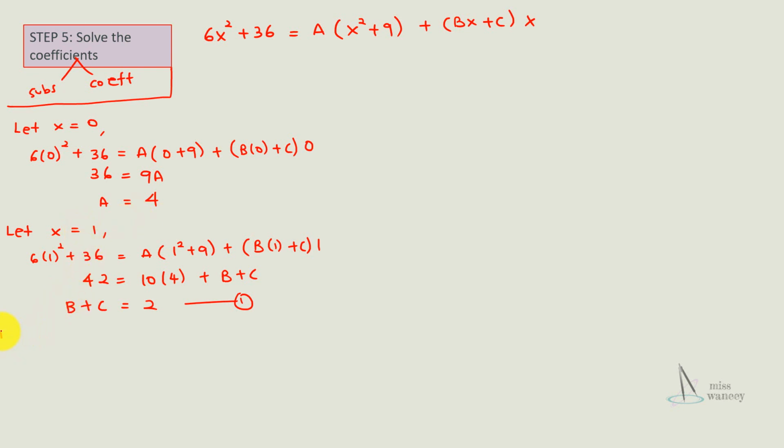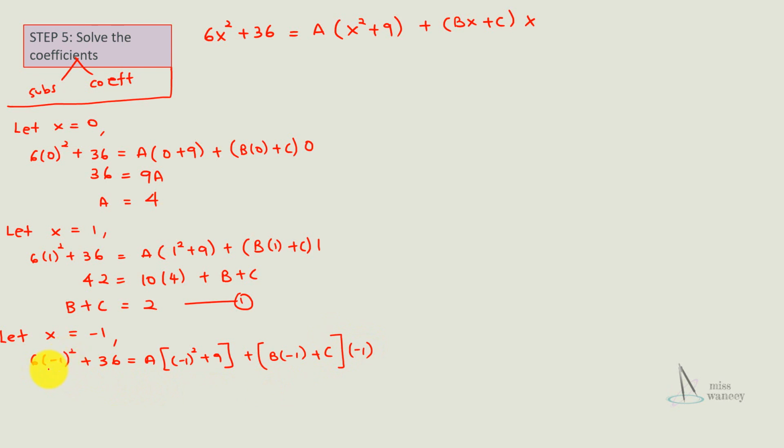maybe let x equal to -1 now. So we have 6 multiplied with -1 squared plus 36 equal to a, and then we have -1 squared plus 9, plus, so we got b times -1 plus c times -1 as well.